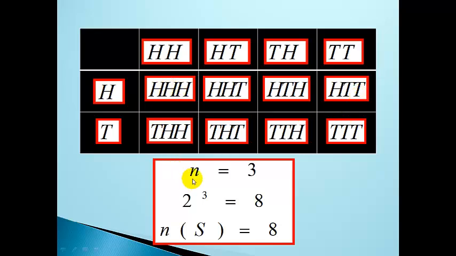Now, n equals 3 means that the coin is tossed 3 times. And when n is 3, 2 raised to the power 3 will give us 8. So the number of sample space is 8.